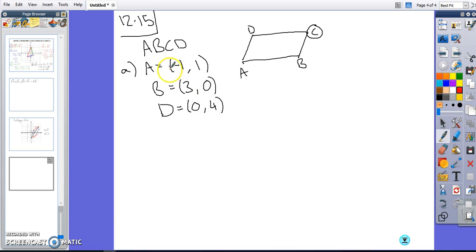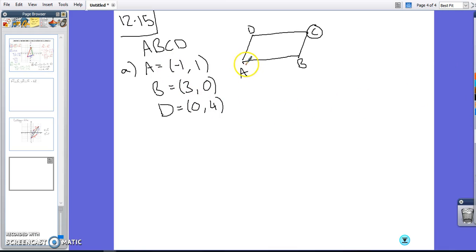So from the exercise, we can figure out the vector from A to B. We could figure out the vector from A to D if we wanted to as well. We could also figure out the vector from D to B, or in the other direction.